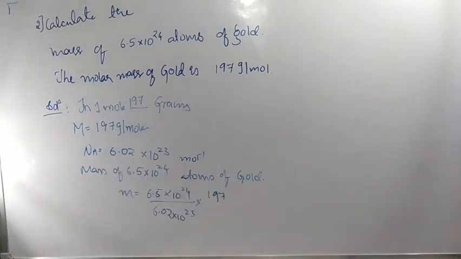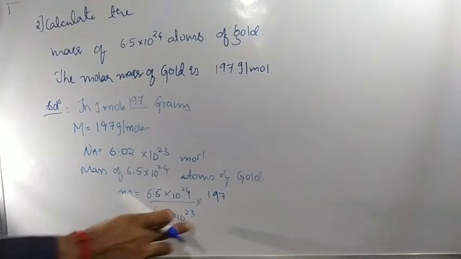So just cross check how much you are going to get. 6.5 into 10 to the power of 24 into 197 divided by 6.02 into 10 to the power of 23.